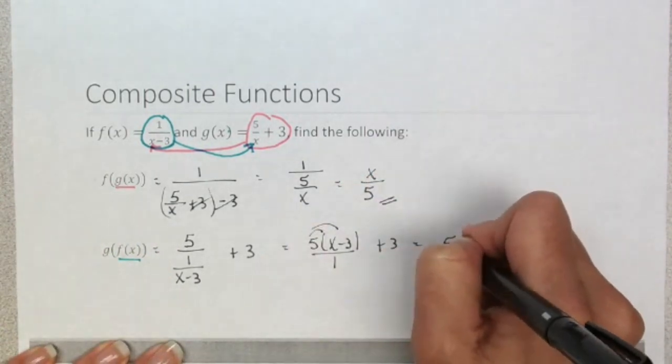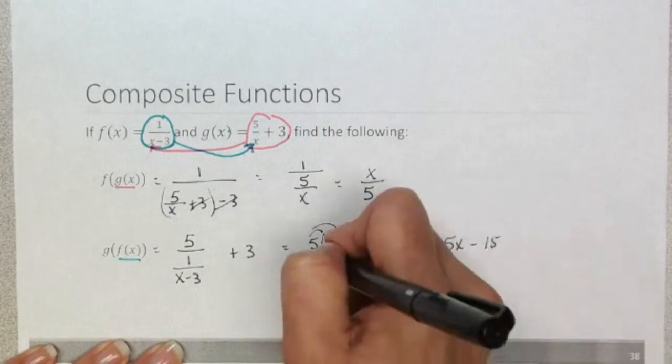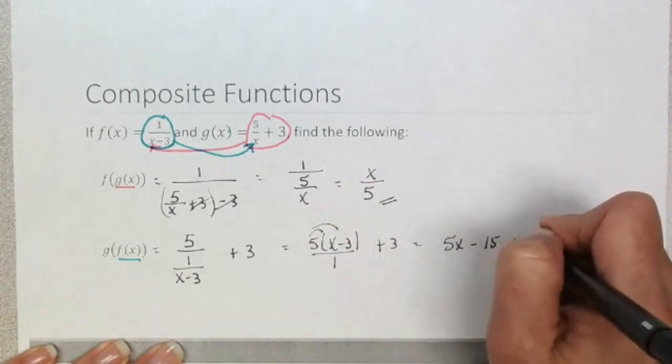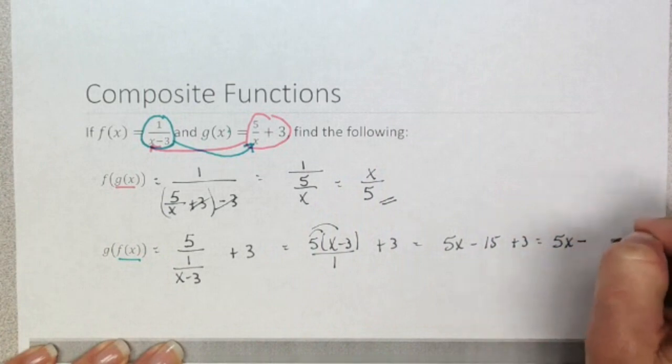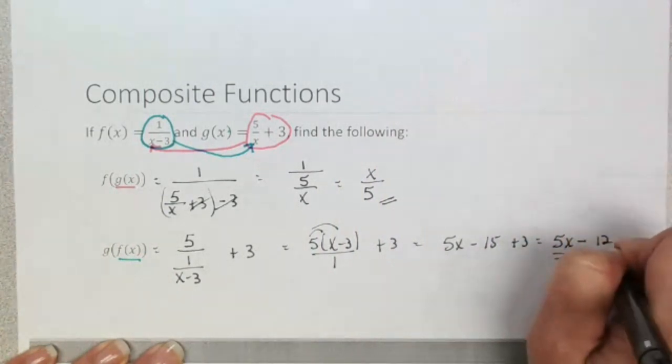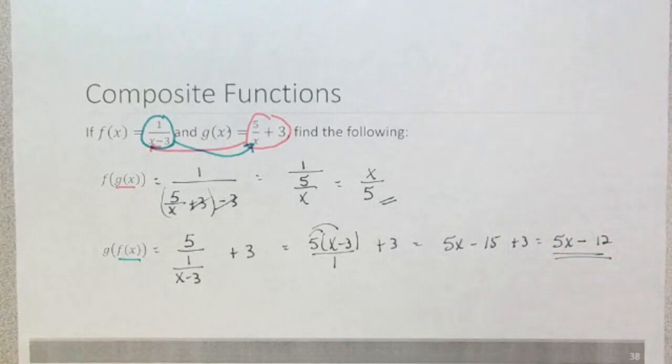So we'll have 5x minus 15. It's over 1, so I don't really need that. Then plus the 3. So finally we have 5x minus 12 in its fully simplified form. All right, that ends the lecture on combinations and composition of functions.